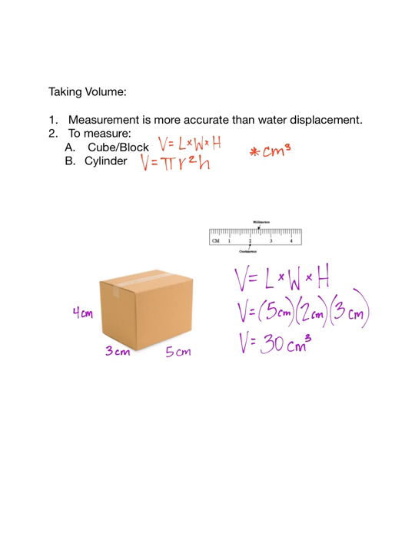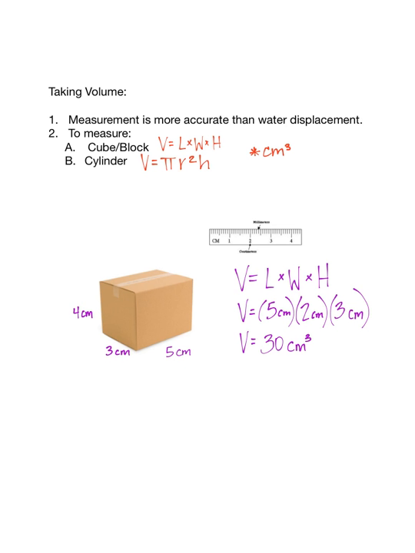For the volume of a cube or a block, you will always use length times width times height. For a cylinder, your volume formula will be pi times the radius squared times the height. And your label will always be centimeters cubed. So you guys will use a metric ruler, which is in centimeters.